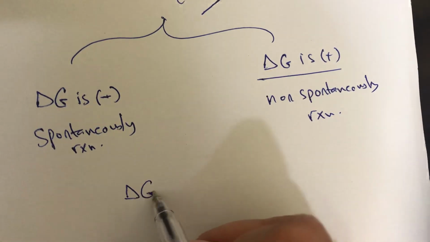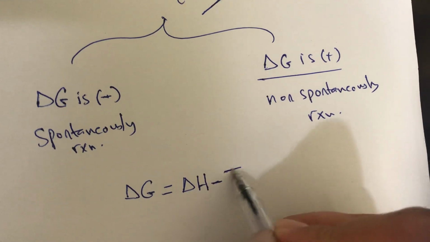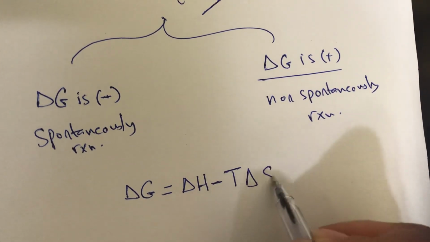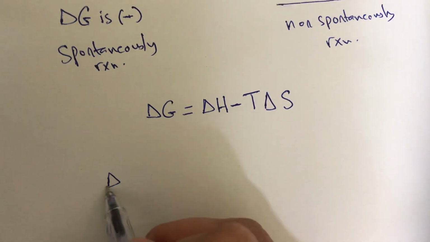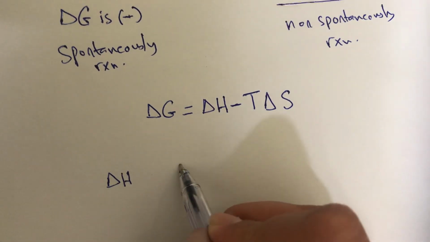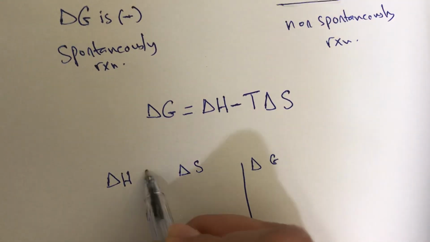Delta G equals delta H minus T delta S. So here, delta H, delta S, and delta G.